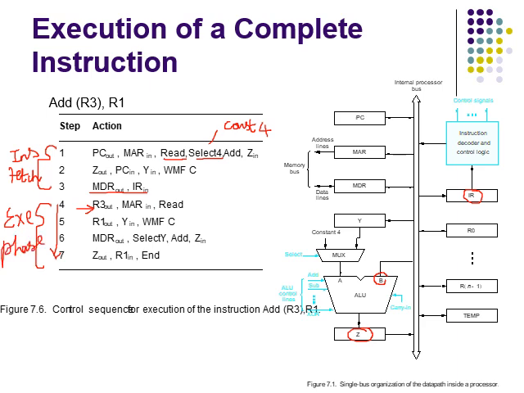The content of register R3 is transferred to the memory address register in step 4, and a memory read operation is initiated. Then the content of R1 is transferred to register Y in step 5 to prepare for the addition operation.